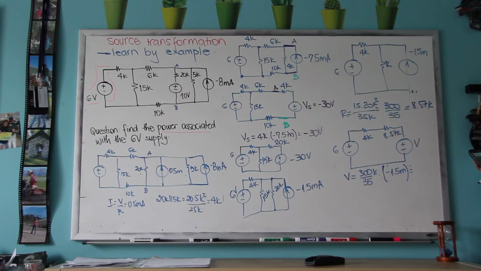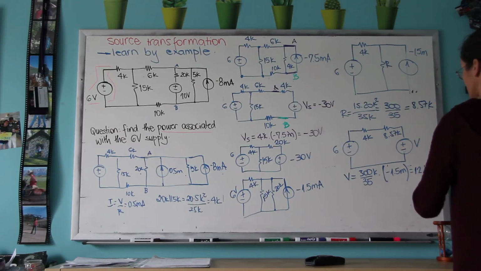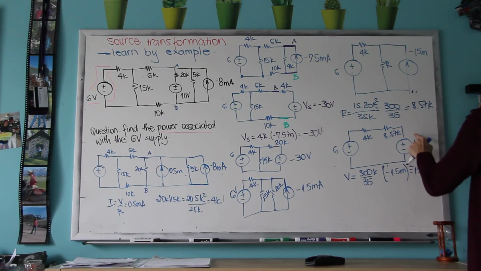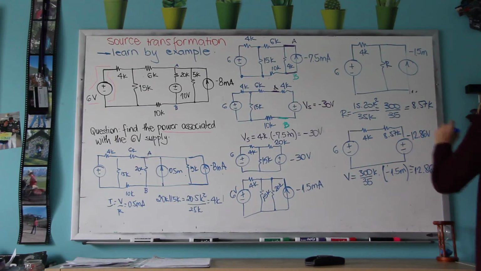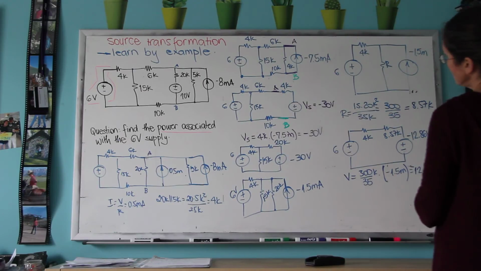I'm also going to use a calculator here. 12.86 volts minus 12. So this voltage is minus 12.86 volts. And now I can sum the two, so there's only one current through here.